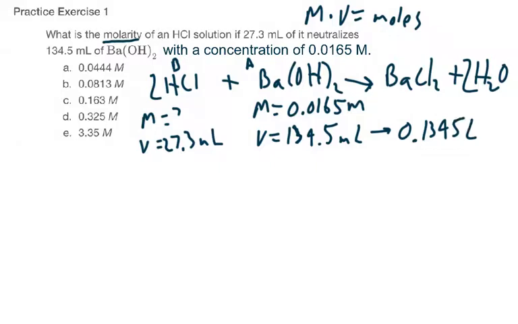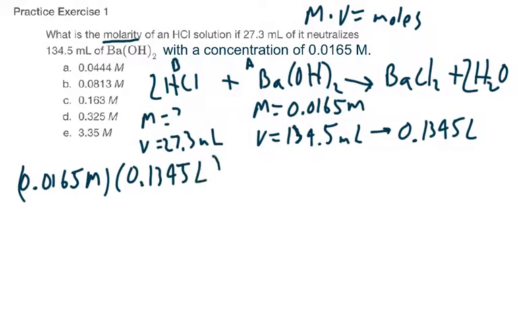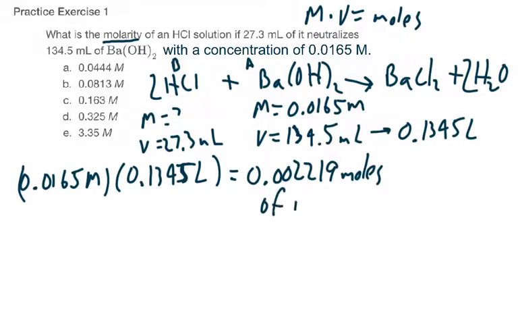And let's go ahead and multiply the molarity of the given, which is barium hydroxide, 0.0165, by 0.1345 liters, and we're going to get 0.002219 moles, and this is moles of the given, which is barium hydroxide.